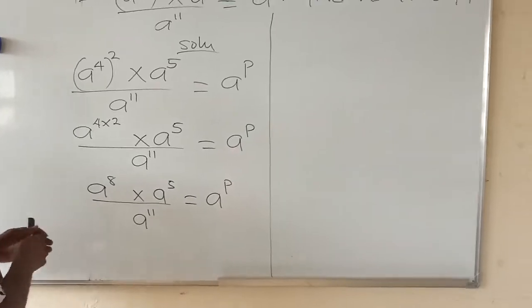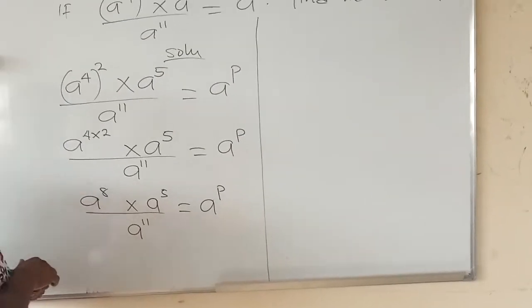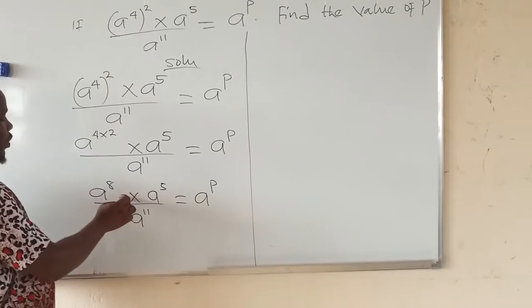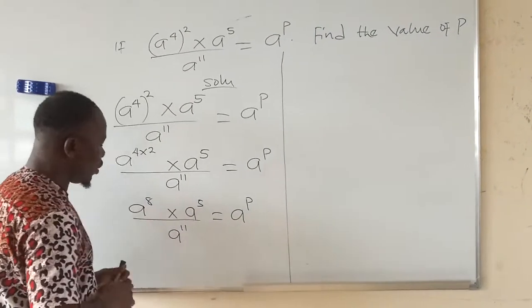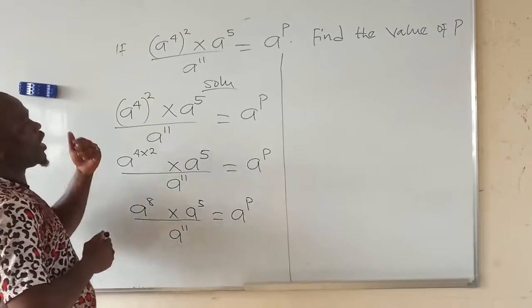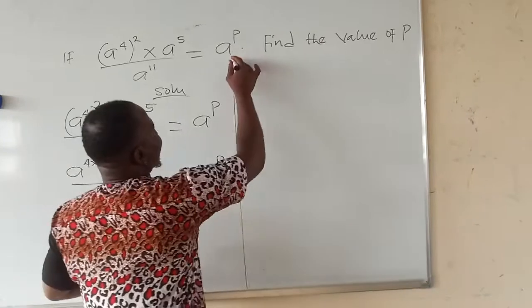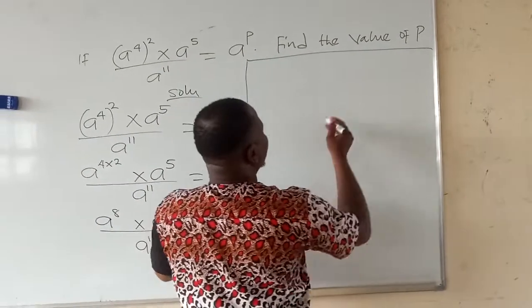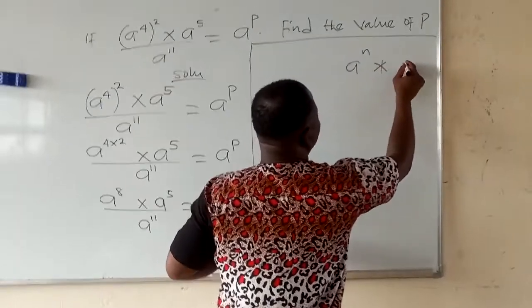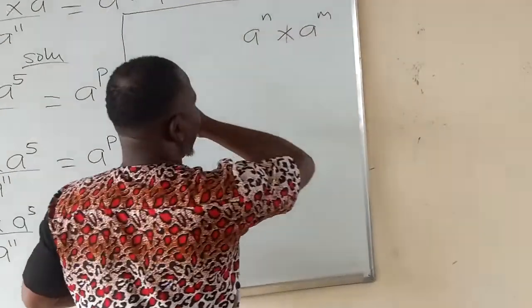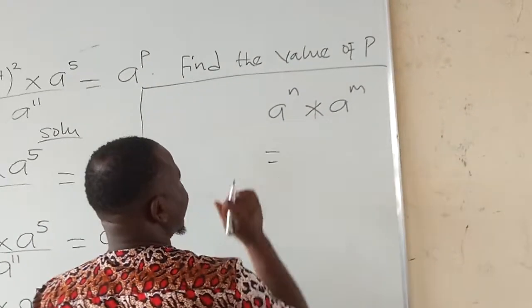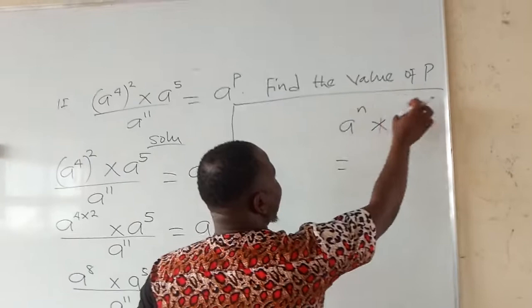Now we want to look at the numerator, and you discover that the numerator will introduce the multiplication law. Is that clear? Multiplication law means that if the bases are the same, assuming we have a^m times a^n, since the bases are the same, you add the powers m and n.